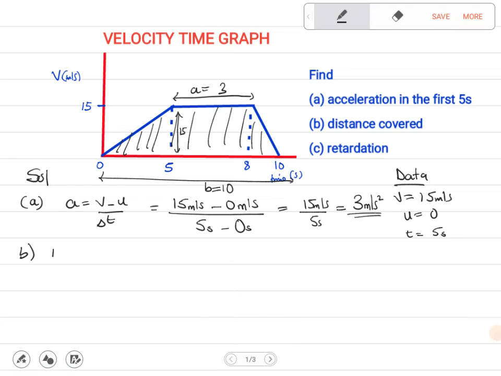Now distance, since it's a trapezium, we're going to use this formula: half A plus B times H. That is the formula that you use. So this will be half, A is 3 plus B is 10, height is 15.